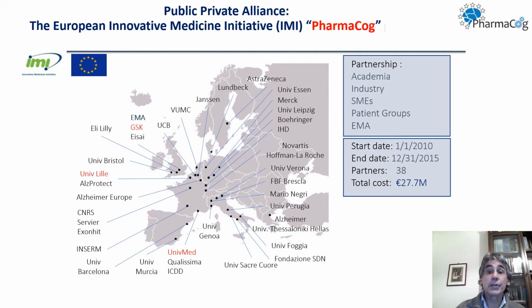This is the consortium PharmaCog, a European consortium investigating the biomarkers of Alzheimer's disease in patients and animal models. Some studies were performed within the framework of the PharmaCog project.